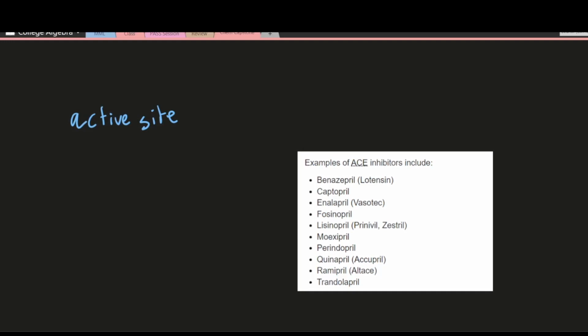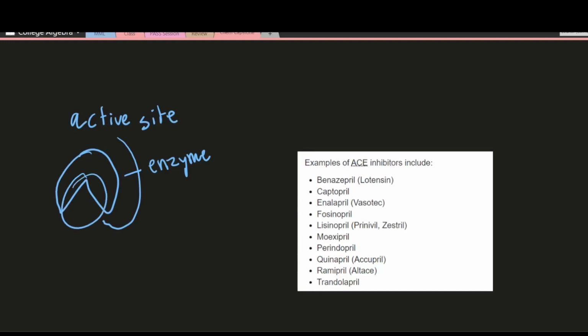Essentially, the enzyme's active site is an empty spot in the enzyme where these, let me draw something for representation. We'll say this is the enzyme. The active site would be this little area where a substrate like angiotensin 1 to ACE or angiotensinogen to renin attaches to the enzyme.